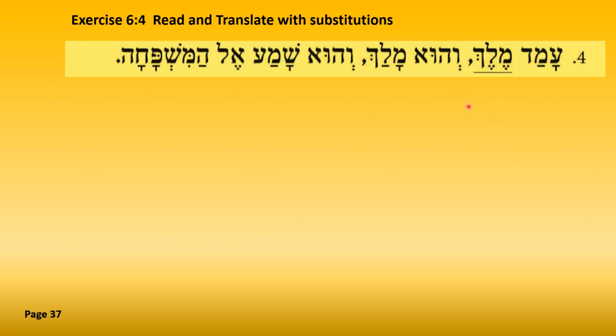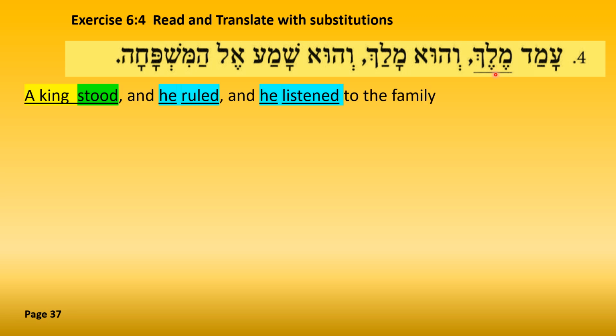Exercise 4. Same process. Sentence is getting a little more complicated. The word you're going to change out is melech, king, which is still the subject. So your first thing you want to do is to translate it. A king stood, and he ruled, and he listened to the family.